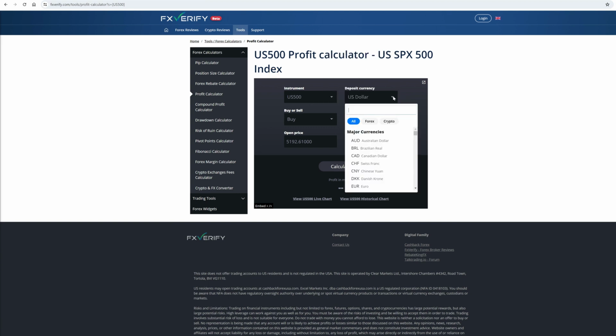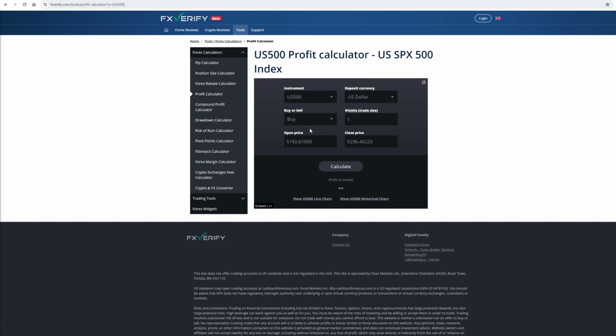You can put the currency of your account, your buy or sell order, whatever you are looking to trade, and the unit size. This website suggests as well that you check on your MT4 or MT5, right-click on your symbol and select specification. The contract size field tells how many units are in one lot.